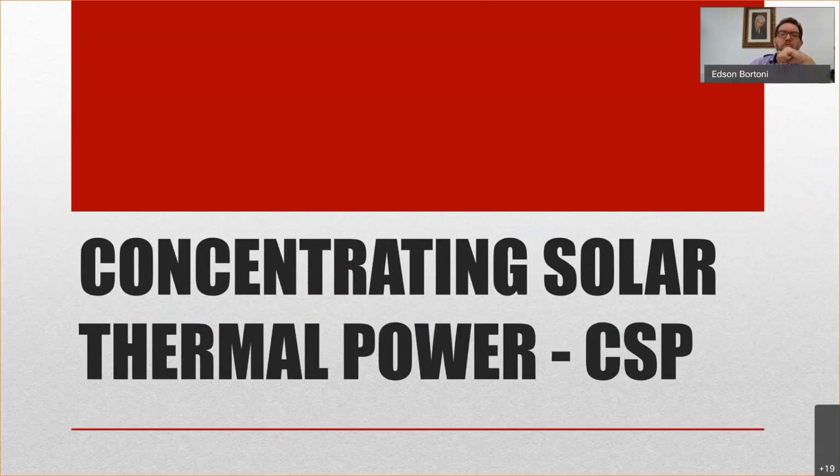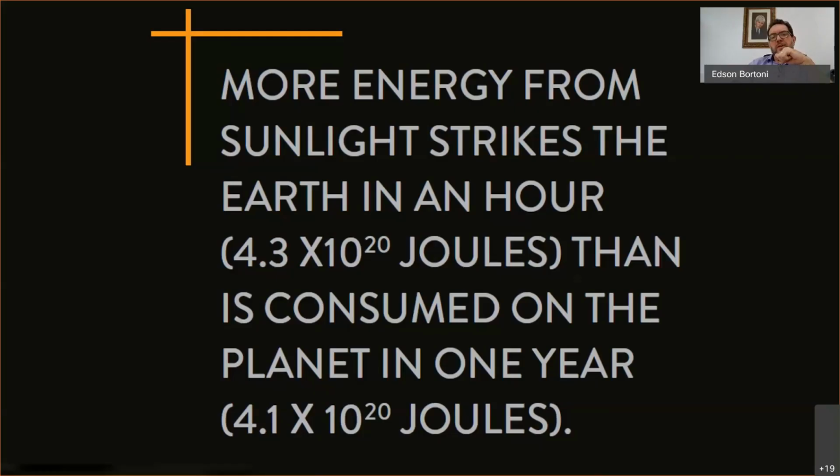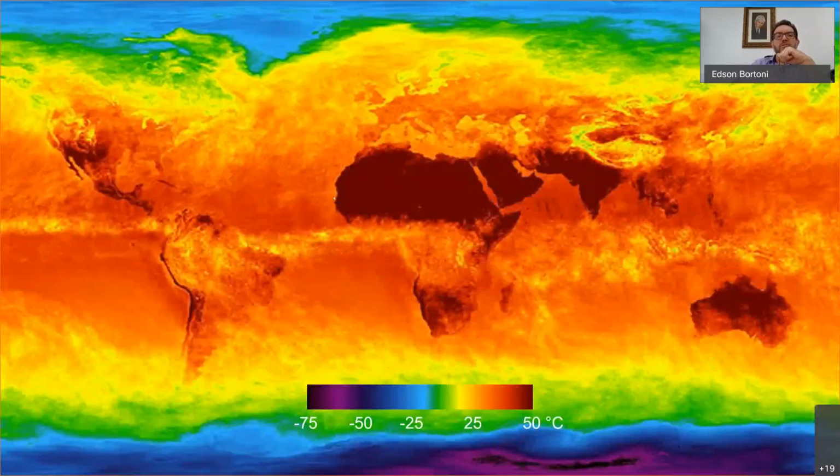The concentrating solar thermal power makes use of temperature. So you have places on the earth with high temperature. Of course, you have places with low temperature in the poles, about minus 75 degrees Celsius, and places that are very hot, 50 degrees Celsius here in the desert, in Saudi Arabia, India, and so forth.